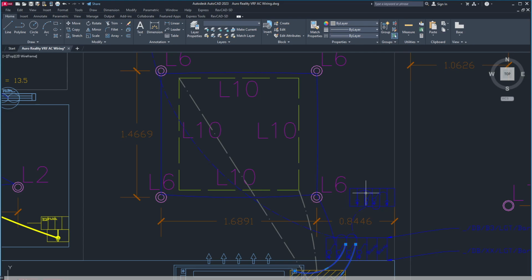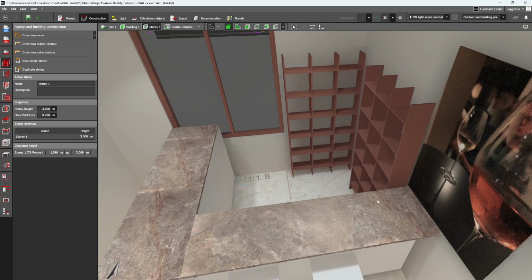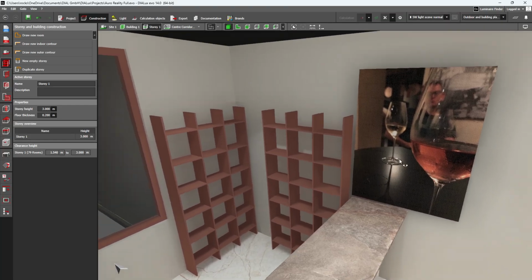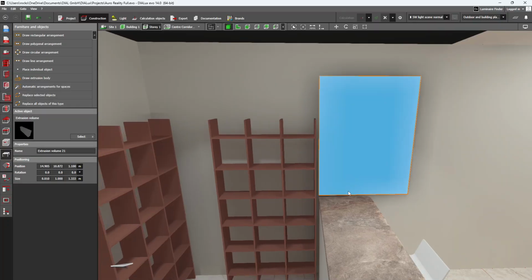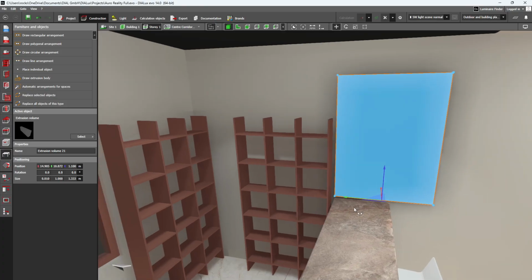And on this table I have this painting just for representation purpose. I have kept it like that. This one, we'll move it.